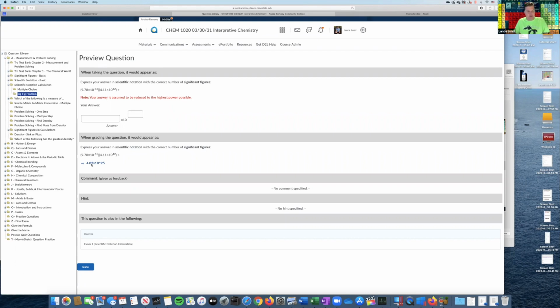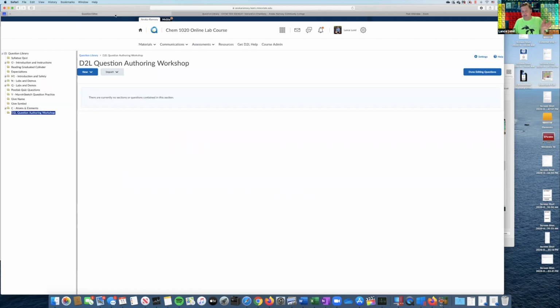But if you were to use the random number generator for sig fig problems, this here is the way that D2L writes numbers as significant figures. And so really, significant figures to me are scientific notation problems: numbers that are presented in scientific notation, and answers that are presented in scientific notation, if that makes sense at all.